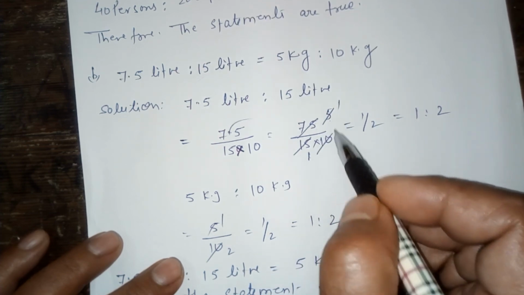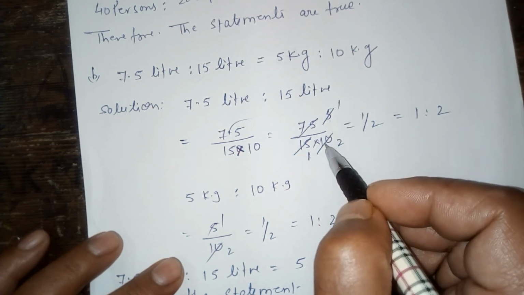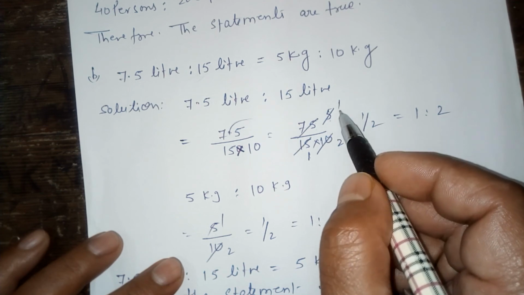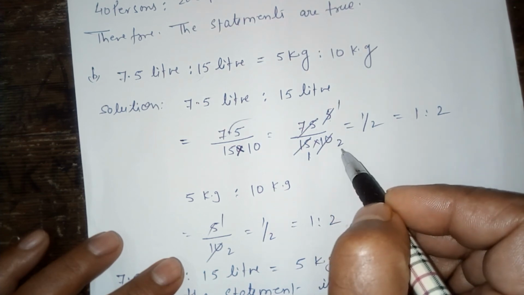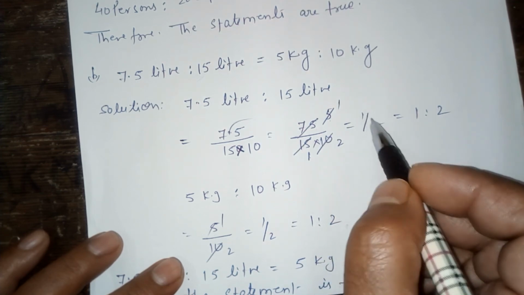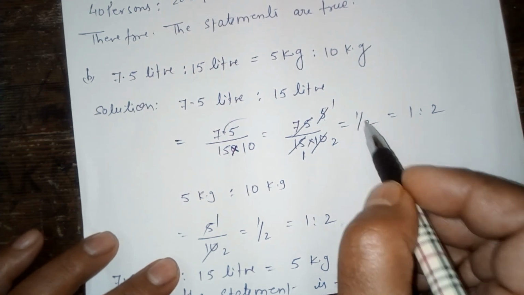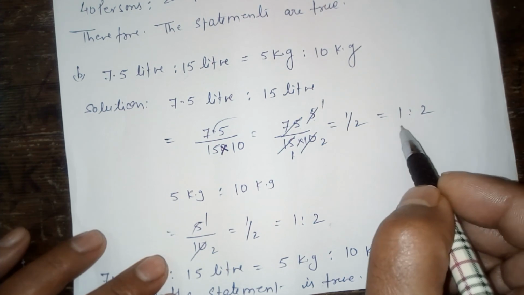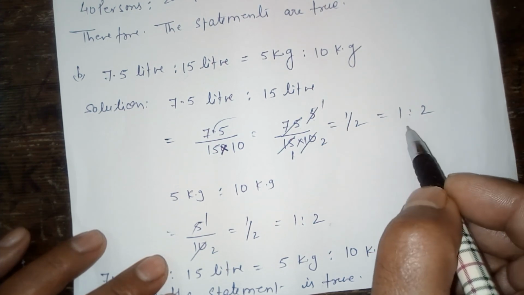Again this is 5 and this is 10. 5 and 10 cancel by 5. 5 1s are 5, 5 2s are 10. It will give you 1 upon 2, which is 1 is to 2.